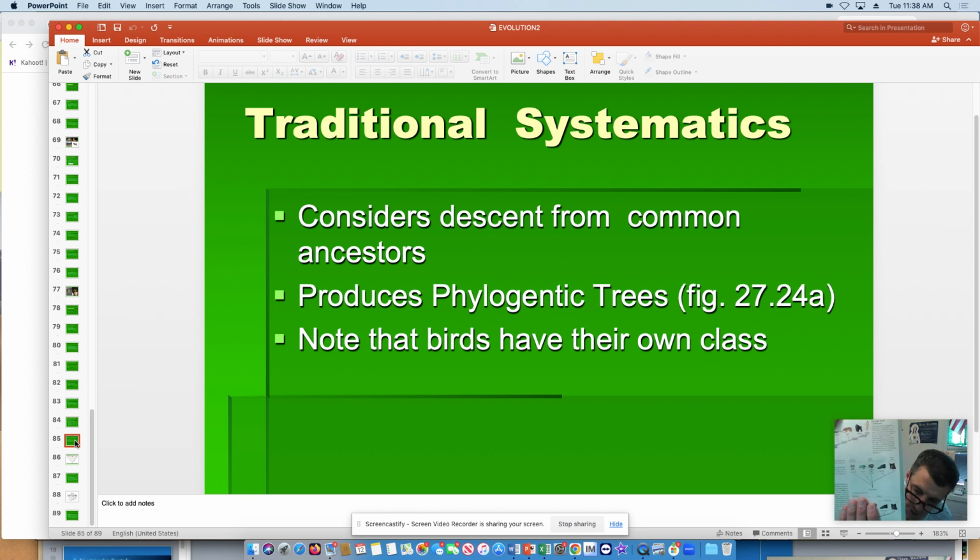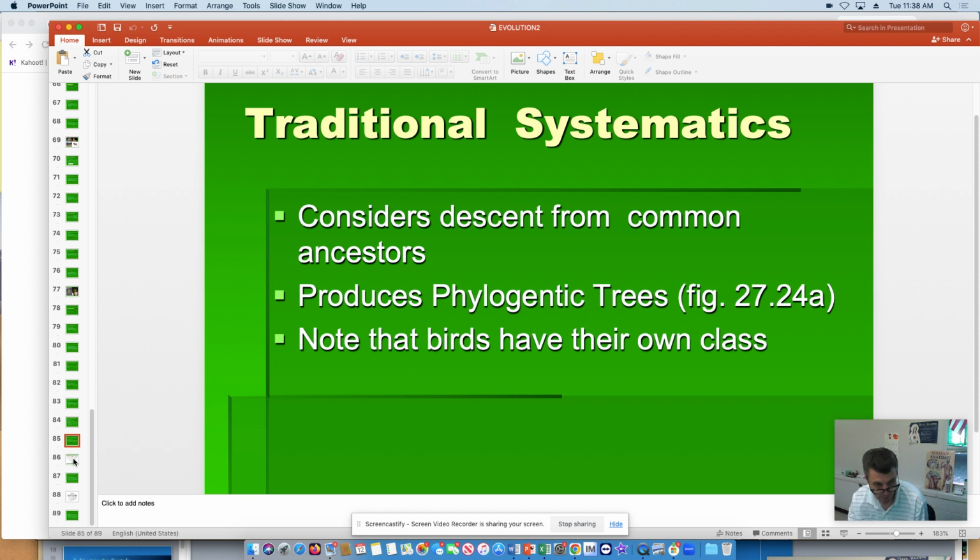So it's this top one that you'd be looking at right there, page 567. So it shows that early reptiles gave rise then to mammals, and then turtles and snakes and lizards, and there's a branch that created, excuse me, crocodiles and birds. So that would be traditional. Okay, and in that case, birds are in their own class.